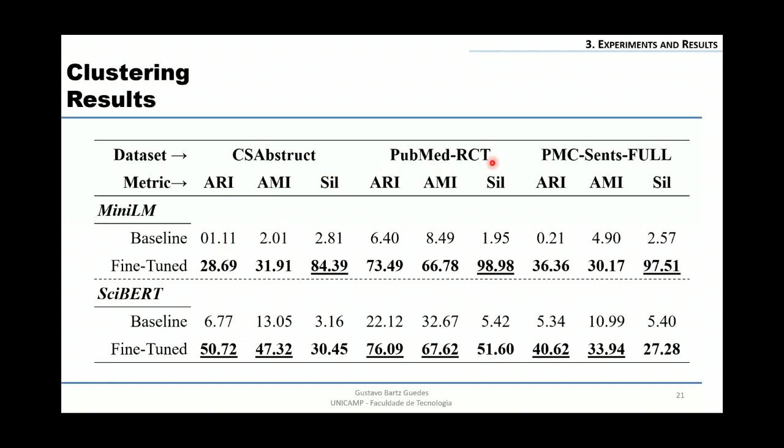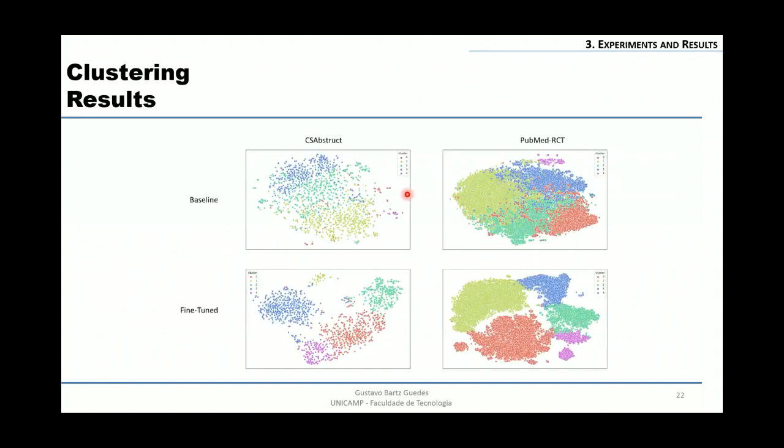And here's the visual representation. Here we have the CS abstract. These are all samples. When we use the baseline, the non-fine-tuned models, we have this situation, with the samples distributed in a 2D space. Once we fine-tune, we see these samples rearranged in the vector space, and samples from the same label get closer.